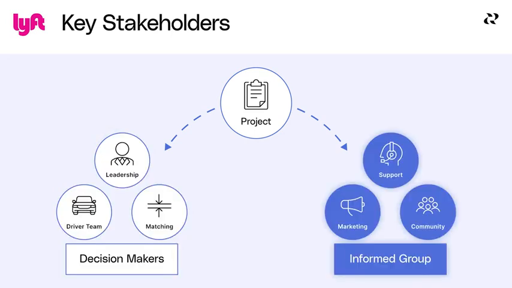The informed group included customer service, marketing, and the Lyft community team. While these teams didn't necessarily need to sign off on the business value hypothesis before development began, it would be critical for them to understand what the feature aimed to accomplish so they could support driver awareness, adoption, and engagement with the feature once it was launched.